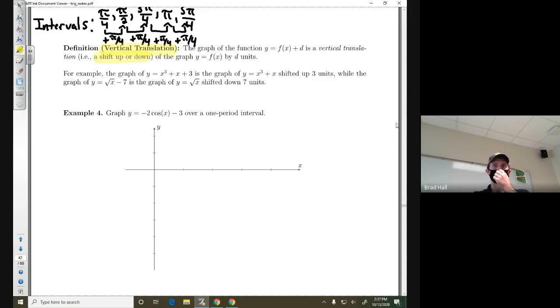Adding or subtracting a number instantly implies a shift of some kind, whether it's left, right, up, or down. Now, what kind of shift? That's up to you to determine. Here we're taking the cosine function and subtracting 3. We are subtracting 3 from the whole function and not just the x variable. Just that analysis alone tells us that this will be a vertical shift up and down as opposed to left or right.